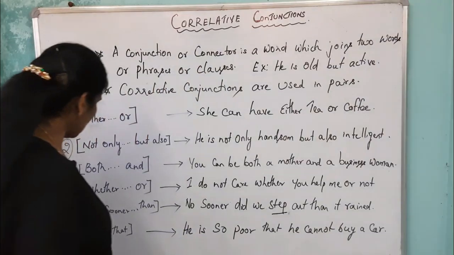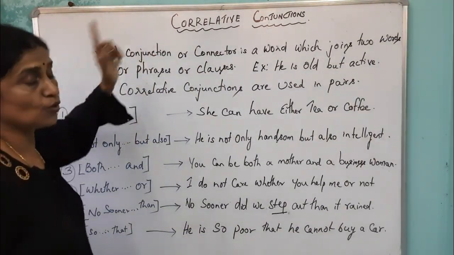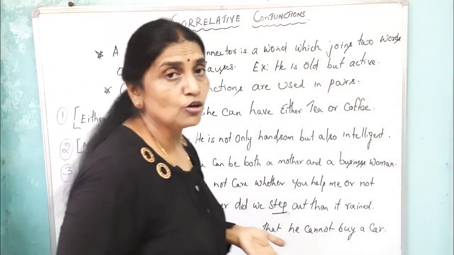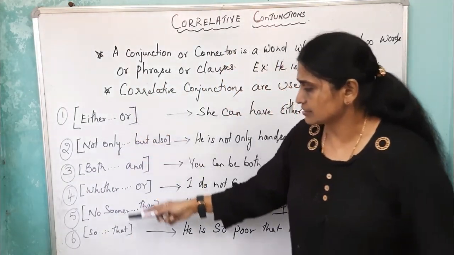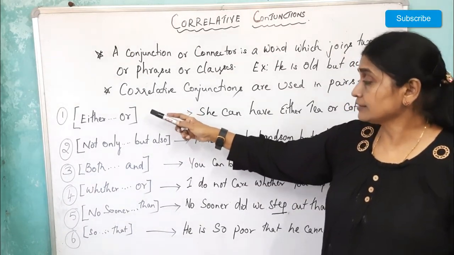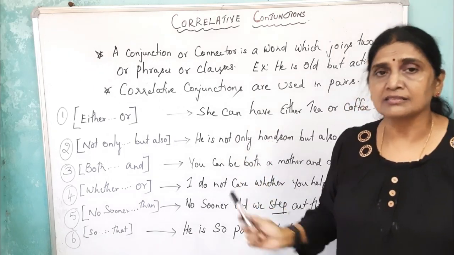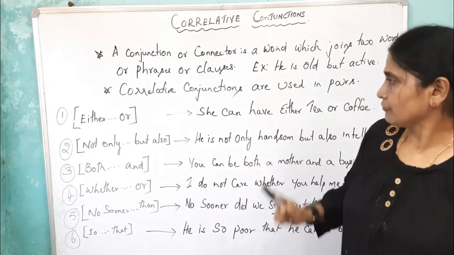So I have given you six. You can also use neither nor. That is also a correlative conjunction. You have many more. For today's class I have selected these six. If you learn these pairs and how to use them in sentences, that will be fine for this class.